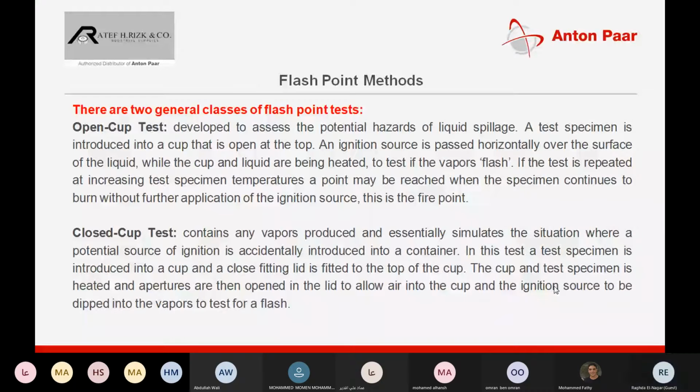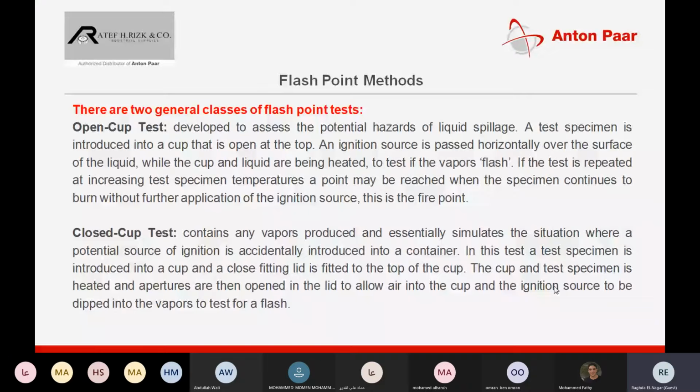In this method, the test cup is filled to the inside mark and fitted with the cover, stirred and heated. The ignition source is applied directly to the test cup until the flash point is detected, according to the standard test method which we used. After that, the open cup, which is known as Cleveland open cup.